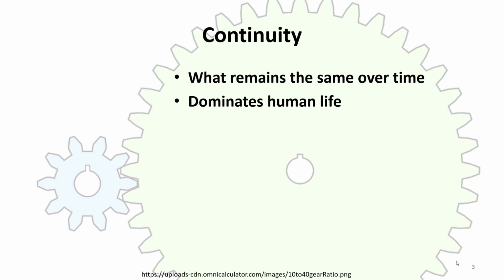I've tried to illustrate that relationship in the background graphic on this slide using a gear ratio metaphor. Imagine the small blue gear as change and the large green one as continuity. The gear of change has 10 teeth while the continuity gear has 40. Thus, for every full revolution of the change gear, the continuity gear only moves 1/4 turn.